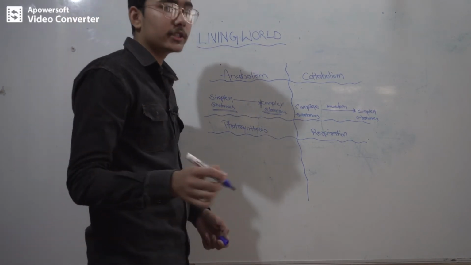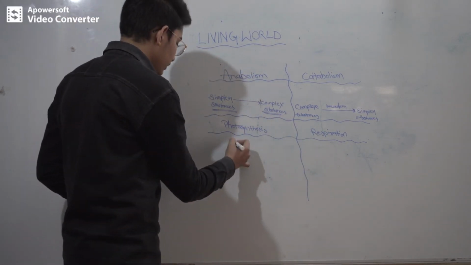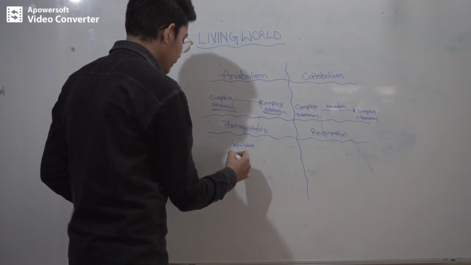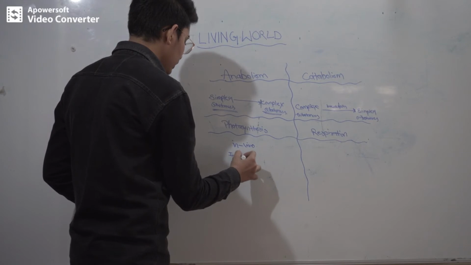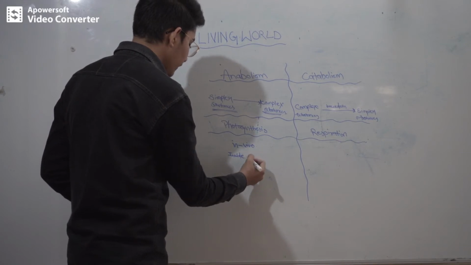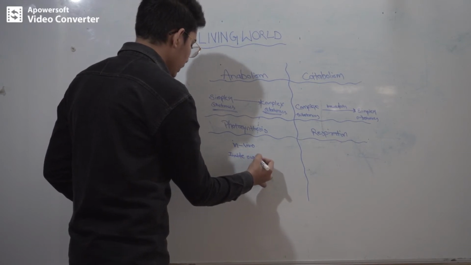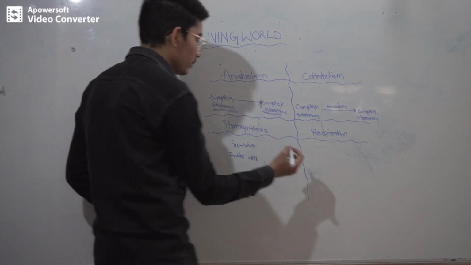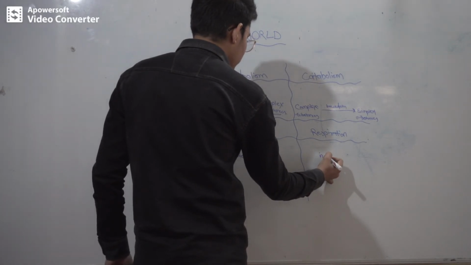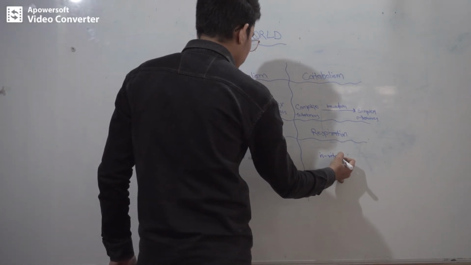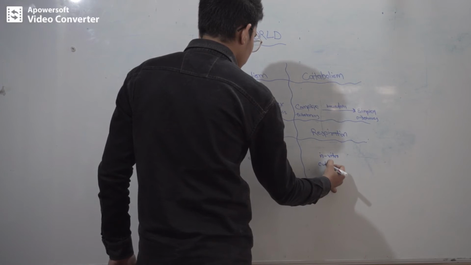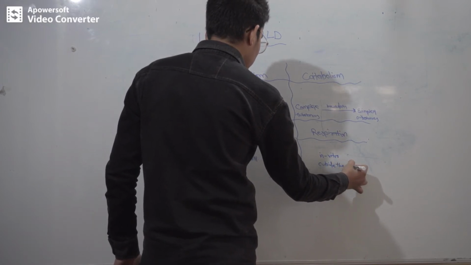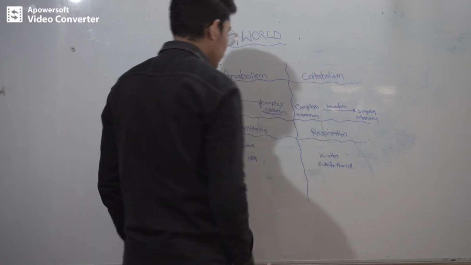That's why they are known as in vivo reactions, which means all these reactions are occurring inside the cell. In the case of catabolism, they are known as in vitro, means outside the cell.